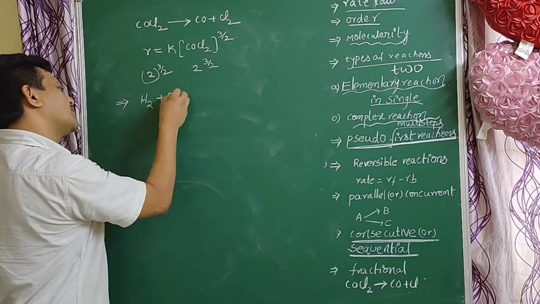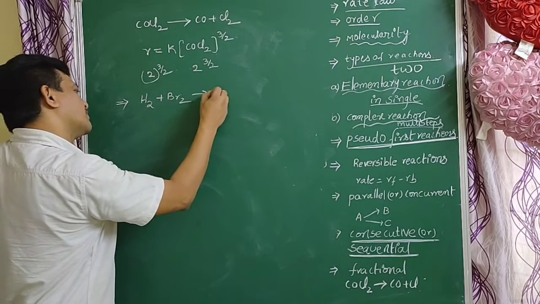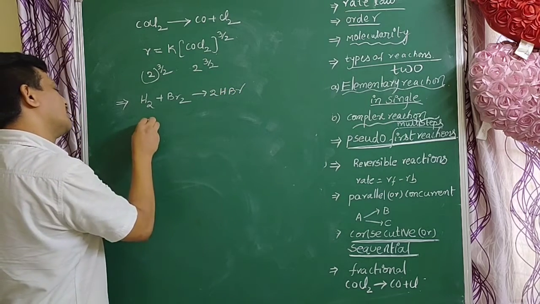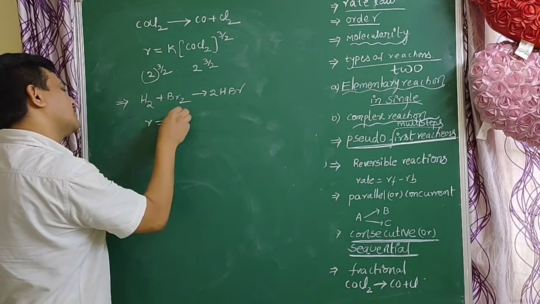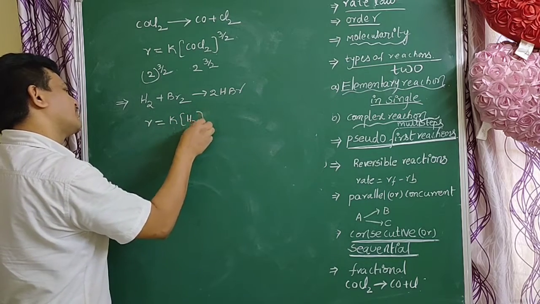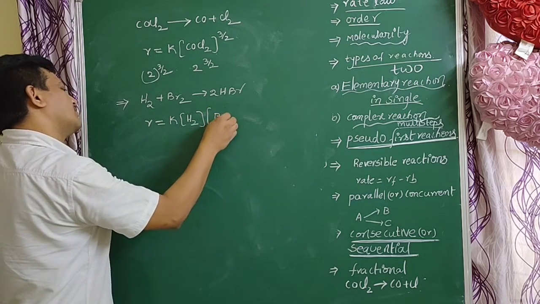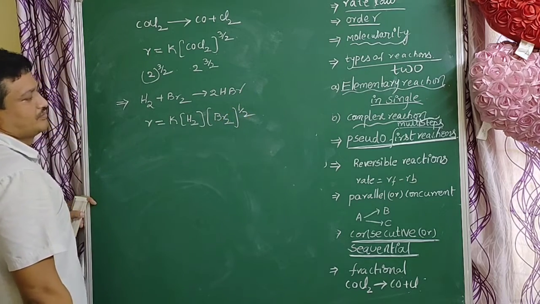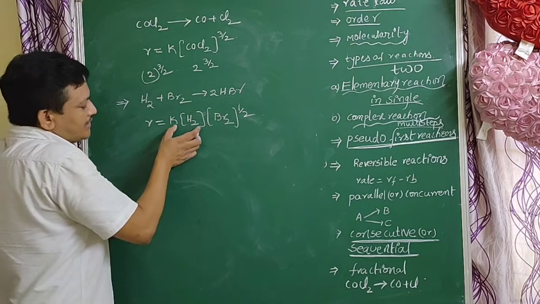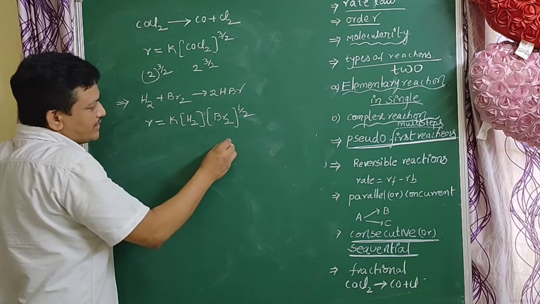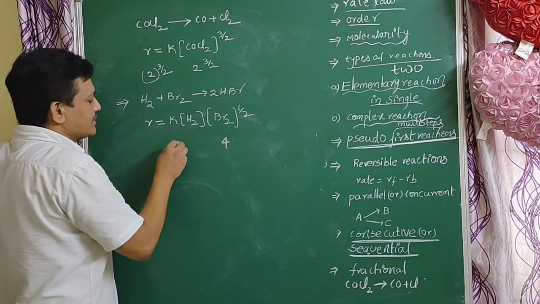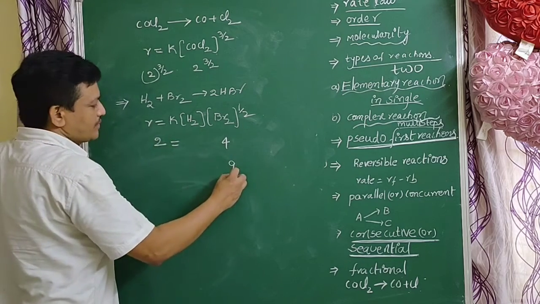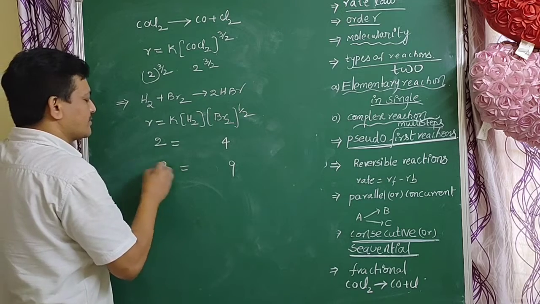One more example: H2 plus Br2 gives 2HBr. Here rate equals K into H2 into Br2 power 1 by 2. Here A concentration is constant, B increased by 4 times, rate increases only 2 times. Increased by 9 times, rate only increases 3 times.